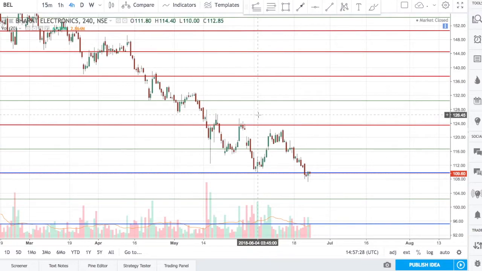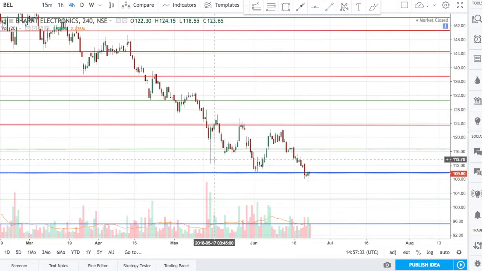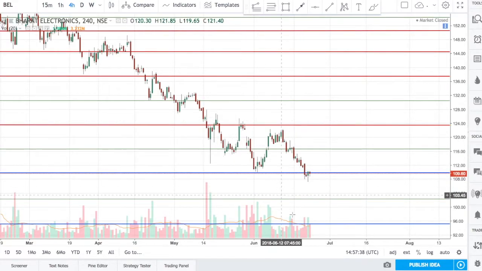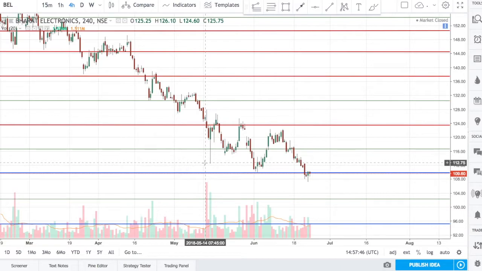However, most recently, the intensity of the fall has reduced with lower volumes on the way to the downside. As you could see here, the volumes are minimal on these lows here. The intensity of the downfall has reduced with reduced volumes. Okay, so that has opened up a counter trend trading opportunity for us.